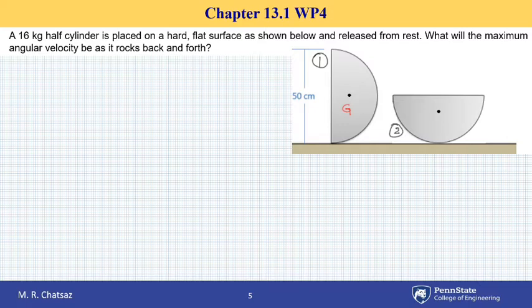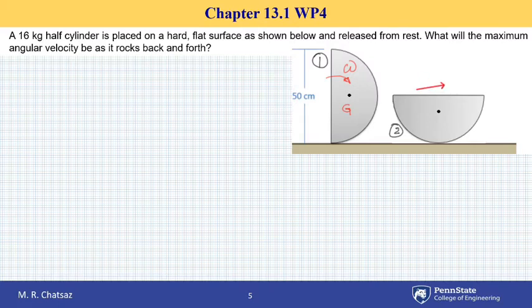So let's say that it rolls in this direction and will have some angular speed omega, and when it reaches this position 2, its linear velocity is perpendicular to the radius of rotation.